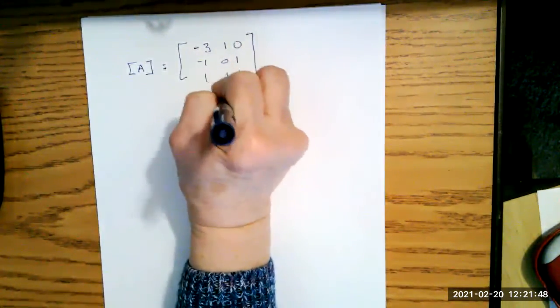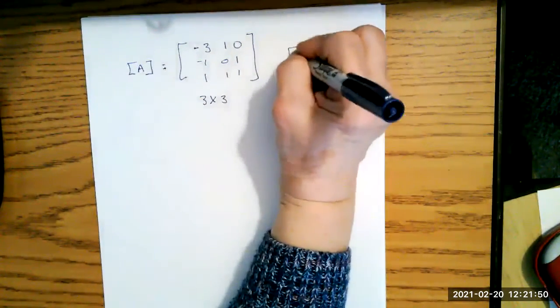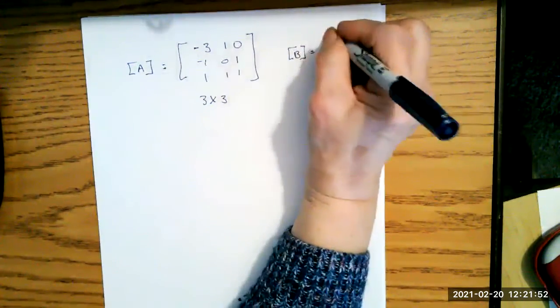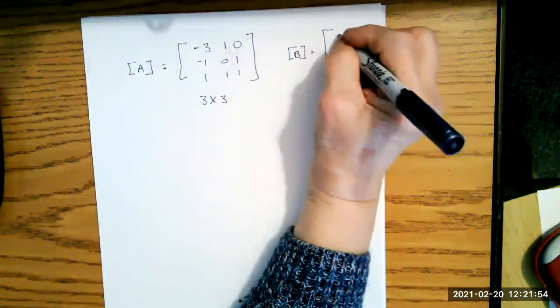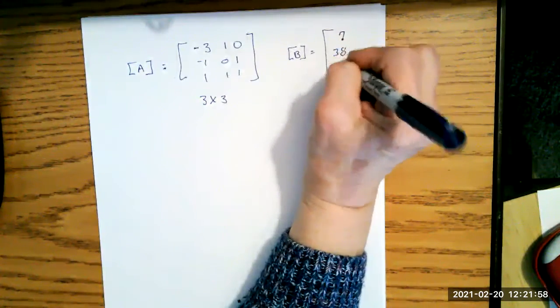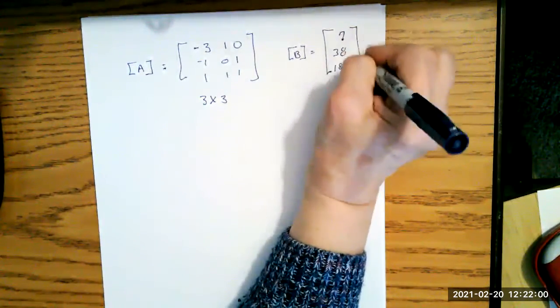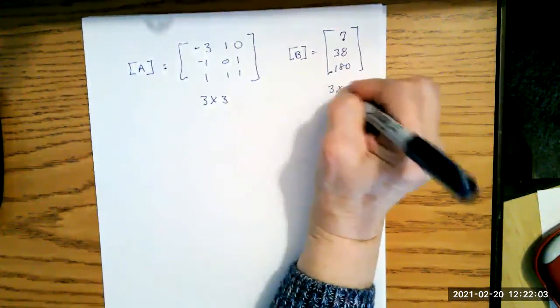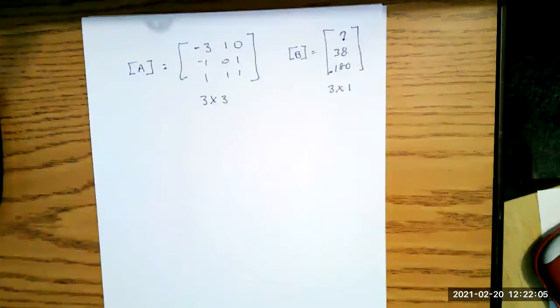If you haven't gotten that in your calculator yet, you'll need to make you a 3 by 3 for the dimensions. 7, 38, 180. And that dimension would be 3 rows by 1 column. If you don't know what I'm talking about, you'll probably want to look at the lecture material to help you understand what we're doing there.